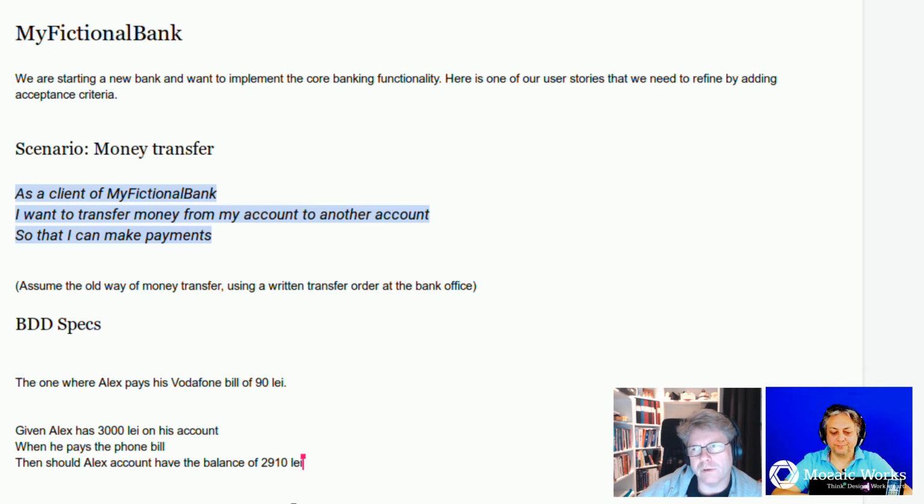So we should be able to see that Vodafone has 90 lei more than they used to have. Vodafone should have 90 lei more on their account.